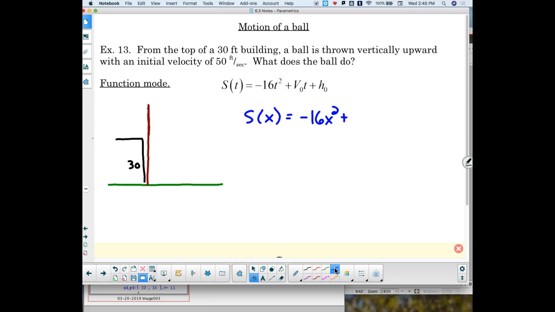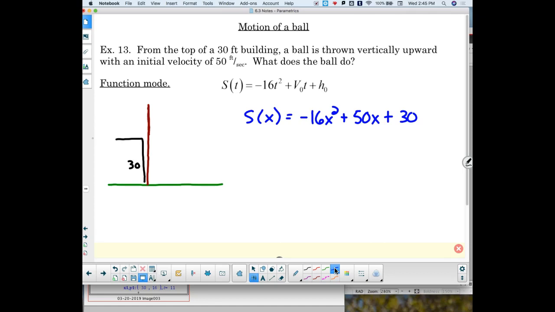What's my initial velocity? 50 times t, but in this case we're going to go x, because you'll see why in a minute. Plus my initial height. What's my initial height? 30.